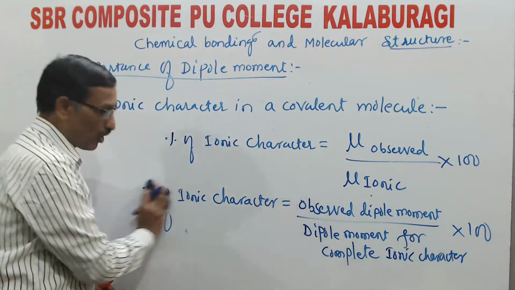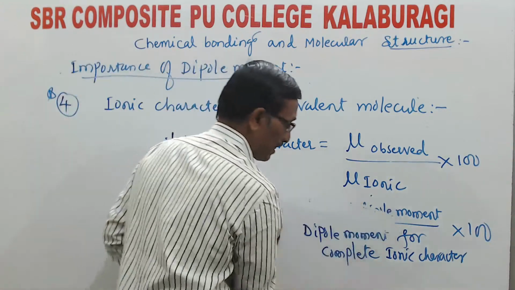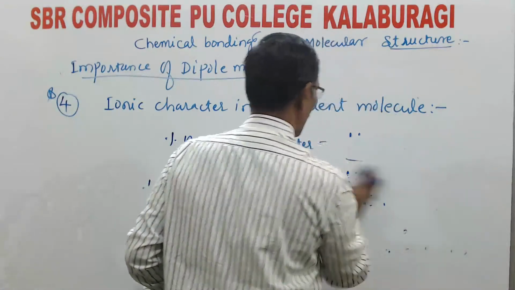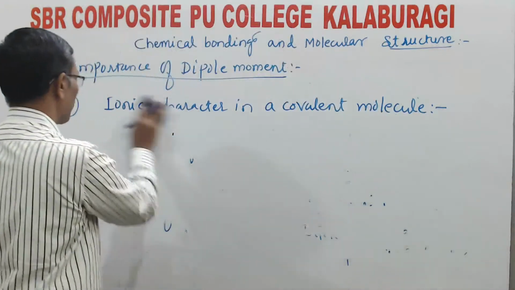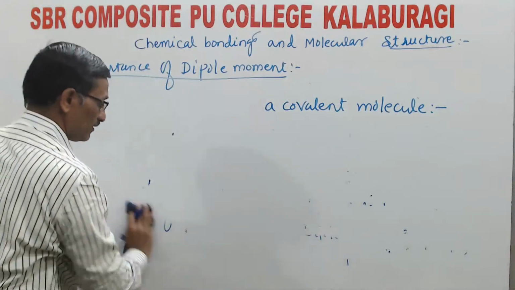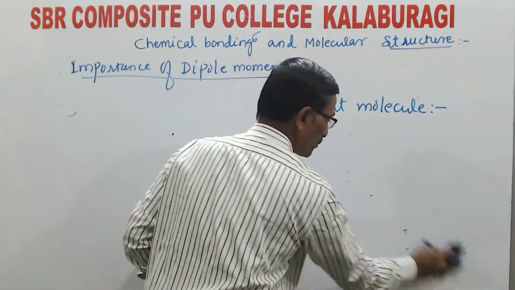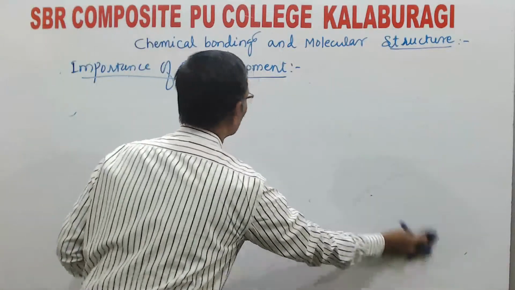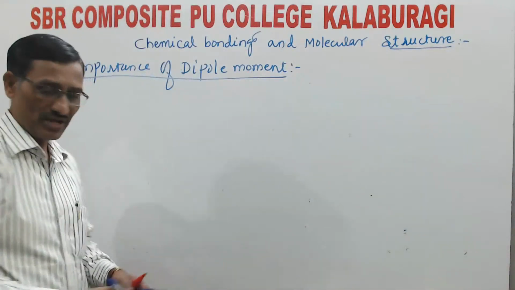Now, one numerical problem I will take, one important numerical problem. So which is that one? If you are going to see the hydrofluoric acid HF molecule, I will take. All of you see here how we are determining that.